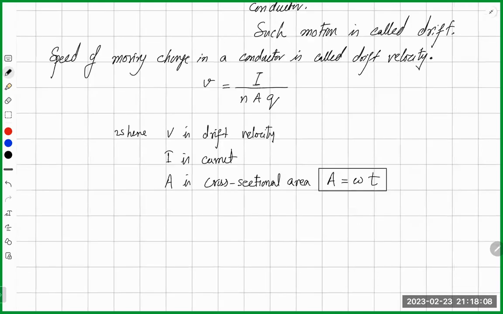In this case, area is W t, where W is the width, t is the thickness.